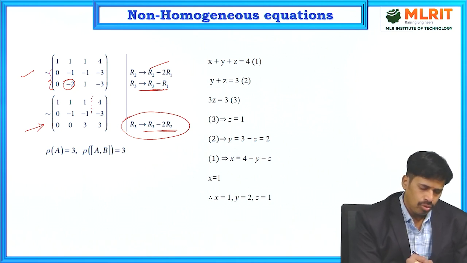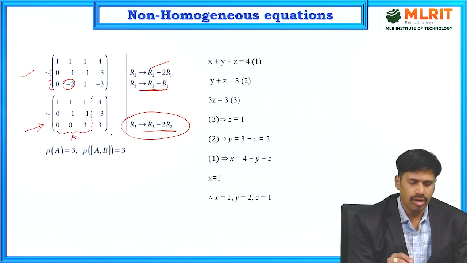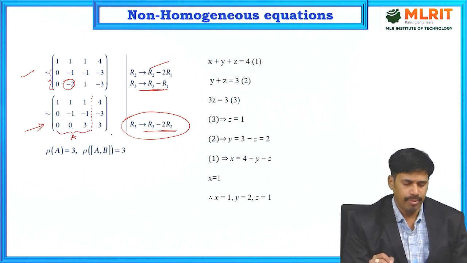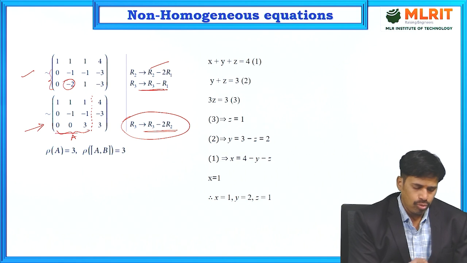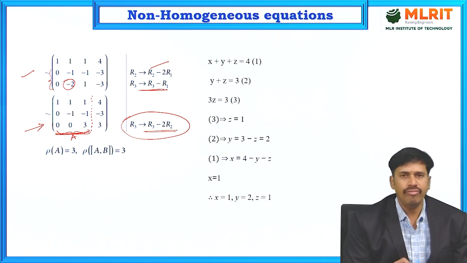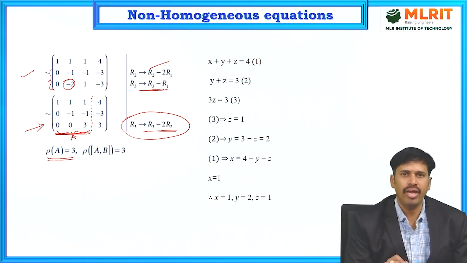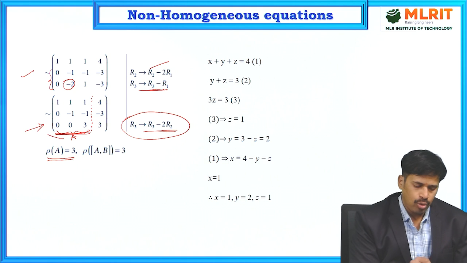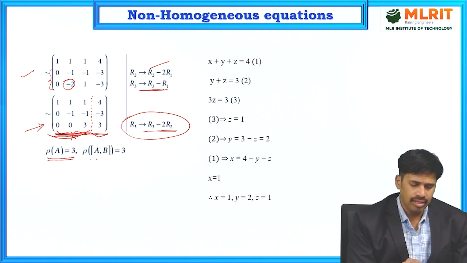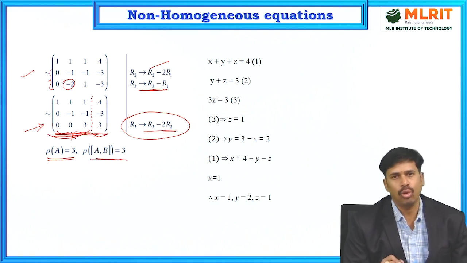Now there is a partition: only this matrix is A, and the total matrix is the augmented matrix A by B. To check the rank of the matrix, which is given by the number of non-zero rows, there are 3 non-zero rows in the matrix A. So rank of A equal to 3. If we consider the total matrix, the rank of the augmented matrix is also 3.